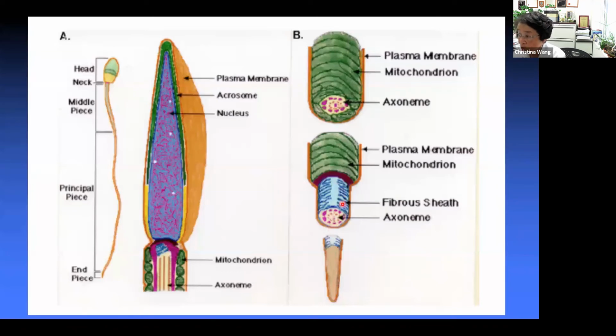Those of you who are going to work with Dr. Wei Yan from our center, the PI of our center, he will talk about the importance of these tiny arms. It's absolutely important that the sperm tail has the right composition of the axoneme and the fibrous sheath so it can move around, and the energy for moving around comes from the mitochondria, and the sperm head is mainly for fertilization and the transfer of genetic material during fertilization.